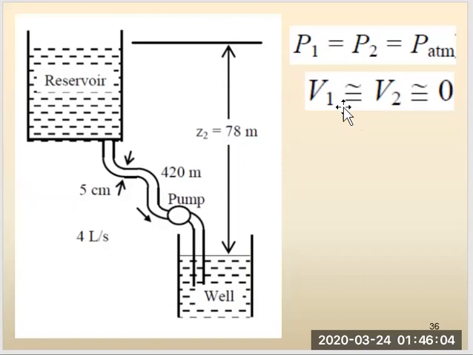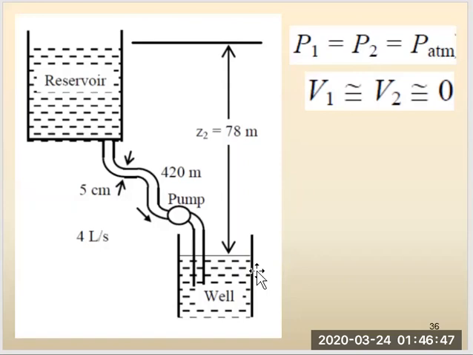Velocities at point 1 and 2 are also assumed to be zero, because the free surface levels of the well and the reservoir do not change significantly.